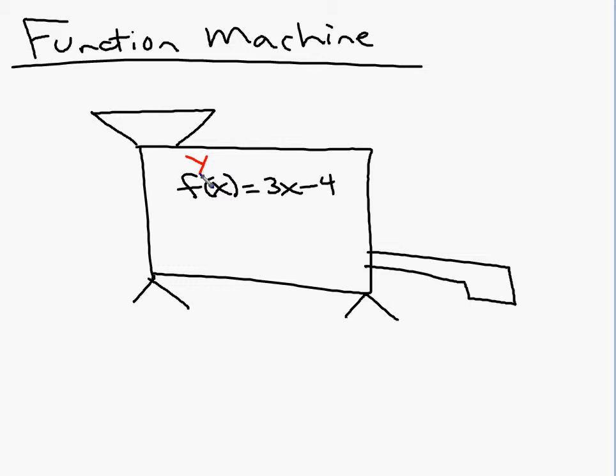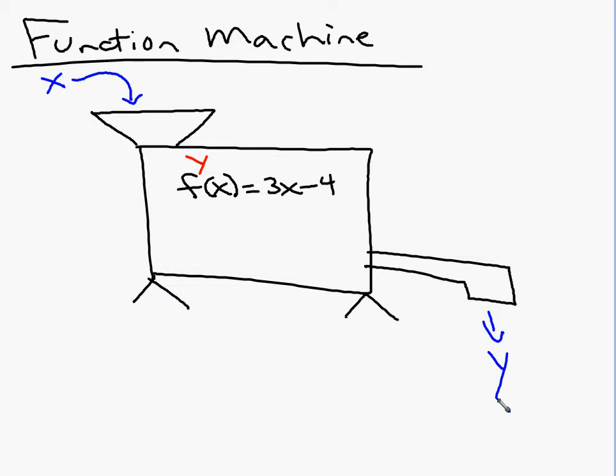We're going to use f of x a lot. So with a function, what happens is I put in an x, I put some x in, and then the function does something to it, and then it spits out a y. Okay? You put in an x into the function machine, and it spits out a y.